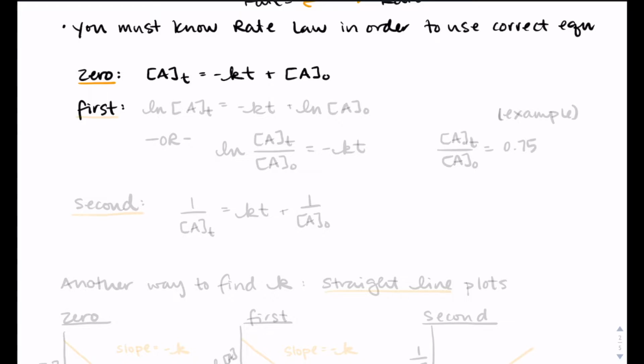I think I give you this written out form, but remember that with addition and subtraction for natural logs and logarithms, you can go in and out of division and multiplication. So this could be rewritten as the natural log of the concentration of A at time t divided by the concentration of A at time 0 equals negative kt.